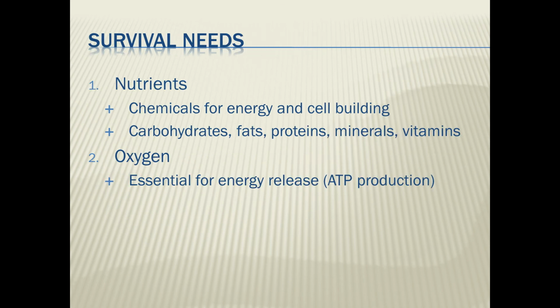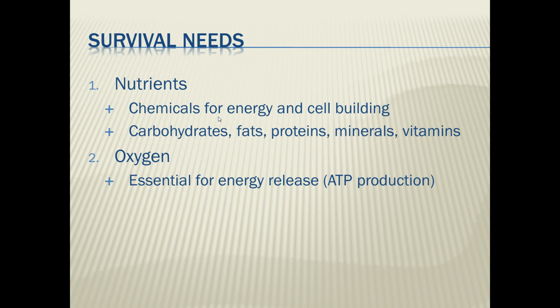All right, how about survival needs? As a human being, what do we need to survive? Of course, you need nutrients, and that term refers to chemicals, molecules, and things like electrolytes. You'll hear more about those in chapter 2. We use those for energy as a human being.